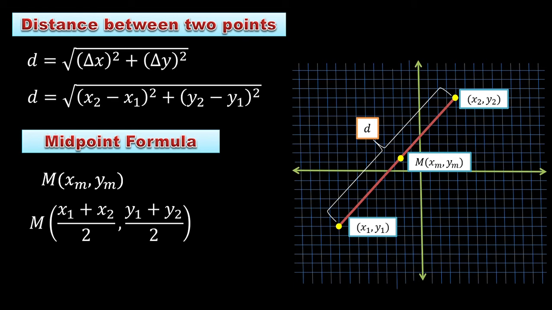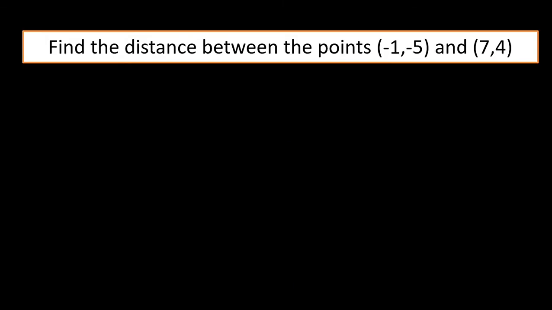Now, let us consider an example. Find the distance between the points -1, -5 and 7, 4. We label this one as x sub 1, this one is y sub 1, and the other is x sub 2, y sub 2.